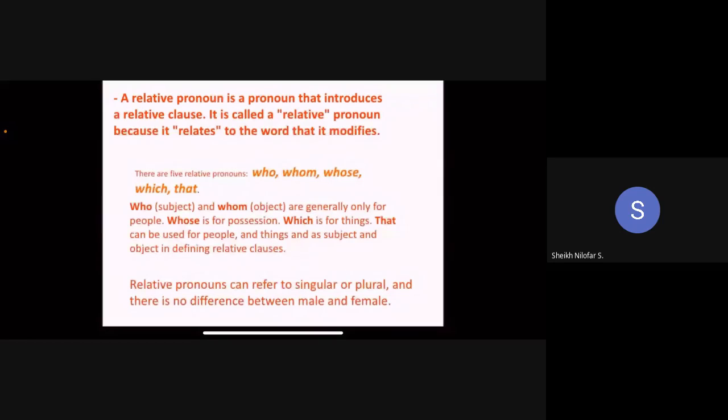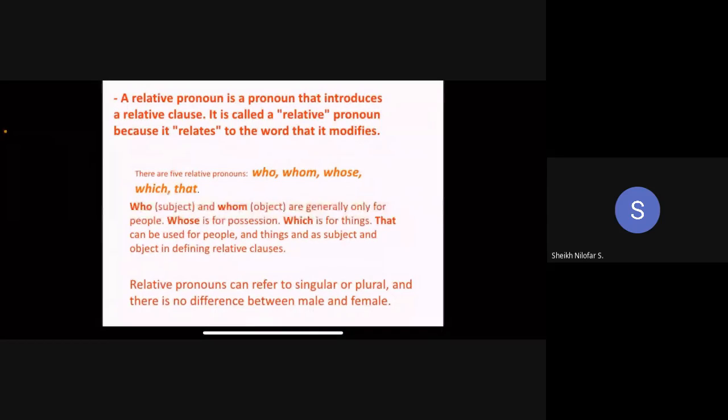See, if I say, who is that boy? So who is interrogative. But if I say, that is the boy who is coming tomorrow, this is relative. So a relative pronoun will join the sentence in between.